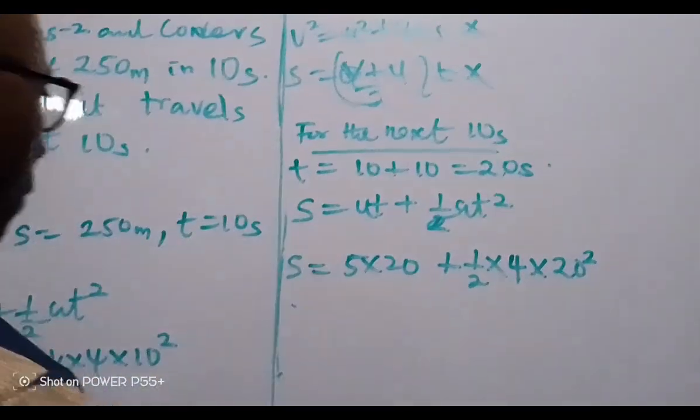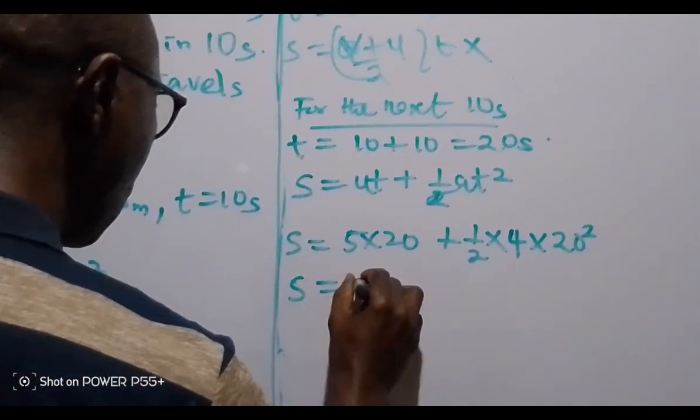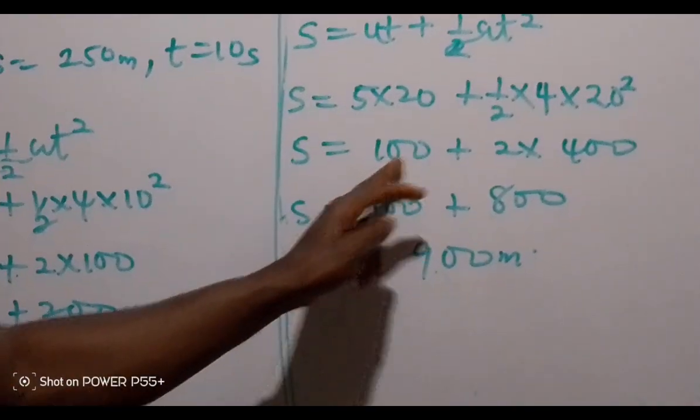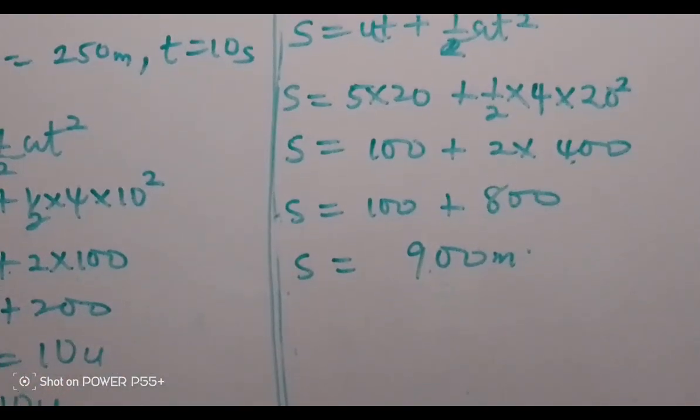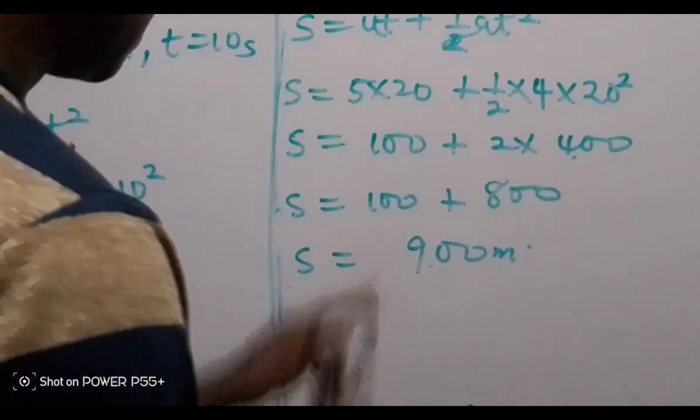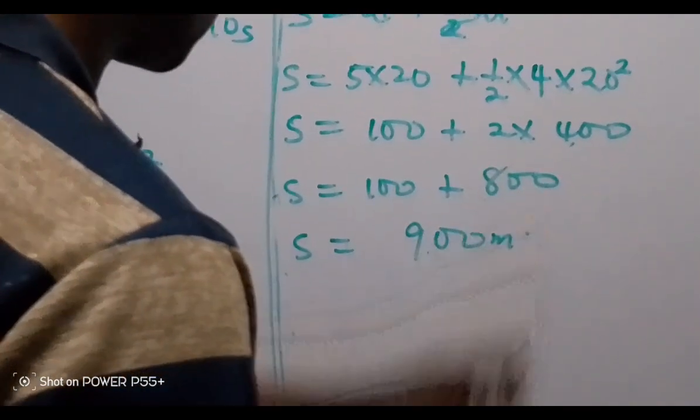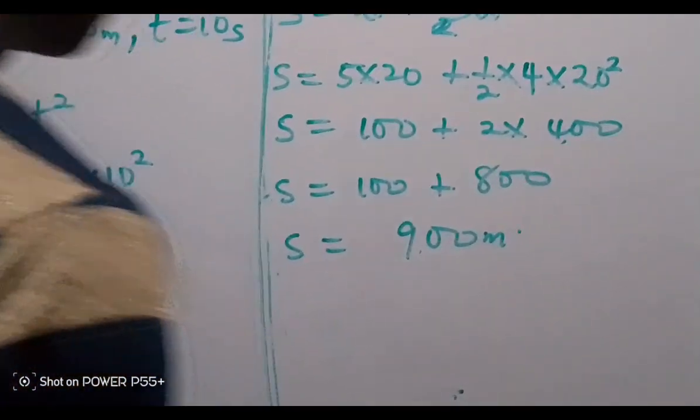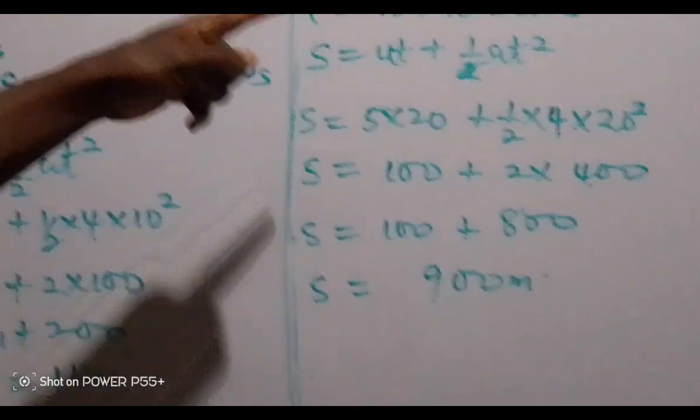So this one will now give us s is equal to 100 plus 2 multiplied by 400, which is 800. 100 plus 800, that will be 900 meters. That is for the next 10 seconds.